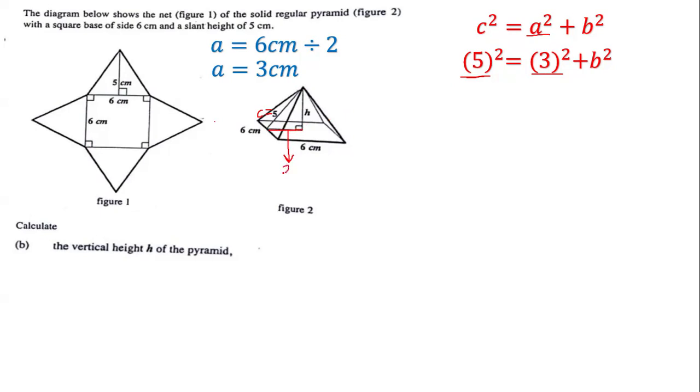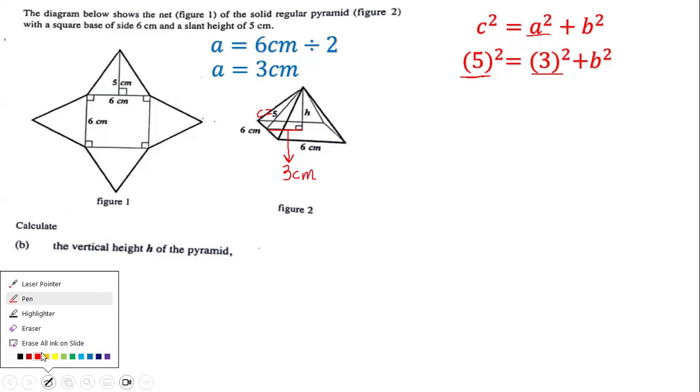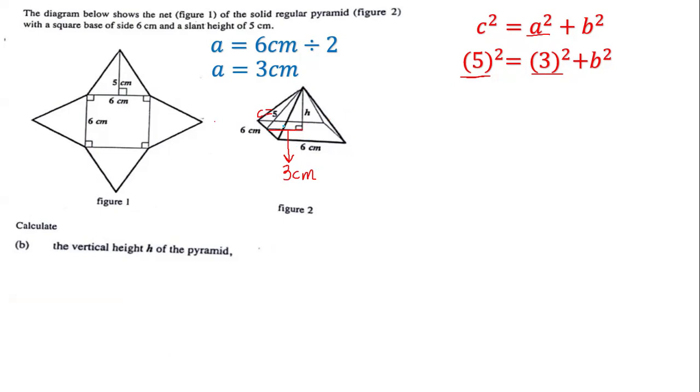Now, how do we know that this is 3 centimeters? Well, let's look at it. We know that the entire thing is 6, but we just want half of it, and half of 6 is 6 divided by 2, and 6 divided by 2 is 3.